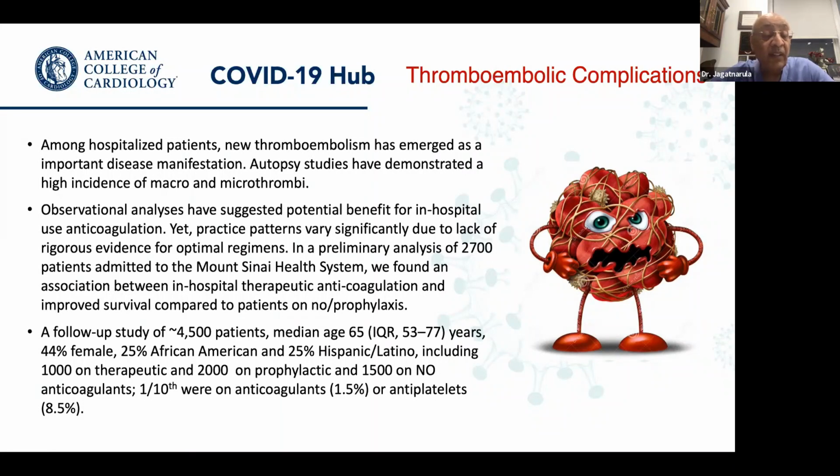And in one of the recent studies, which was published by Dr. Fuster from the Mount Sinai Health System, there were approximately 4,500 subjects with a median age of 65 years, where approximately half of them were females and 25% were African Americans and 25% Hispanics, suggesting that this was a diverse population. 1,000 people were on therapeutic doses of anticoagulants, 2,000 on prophylactic doses, and 1,500 were not receiving any anticoagulants.